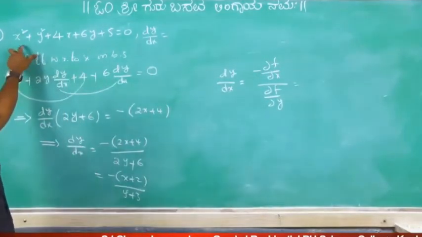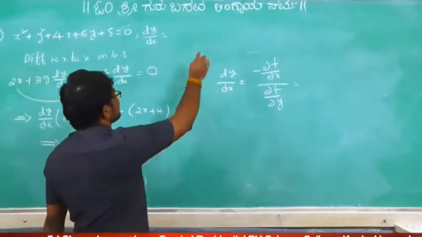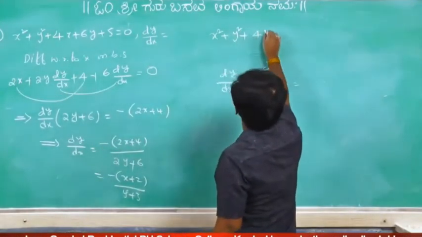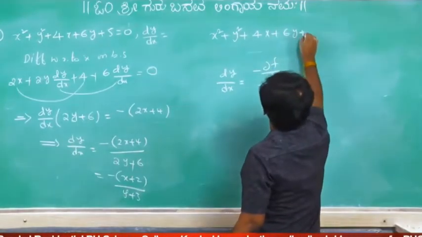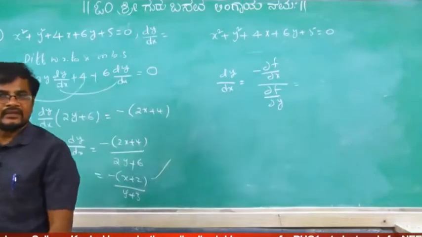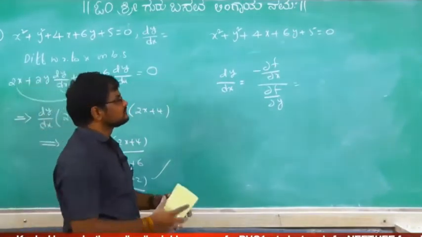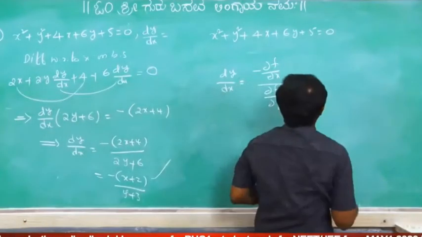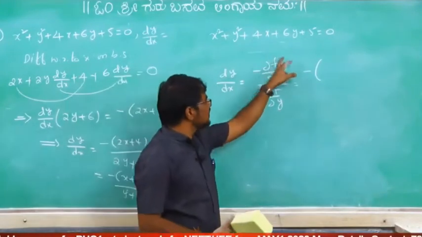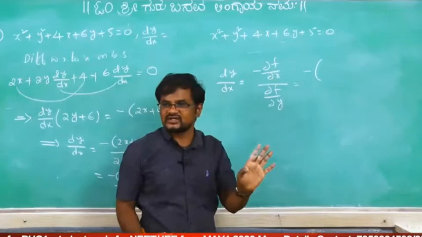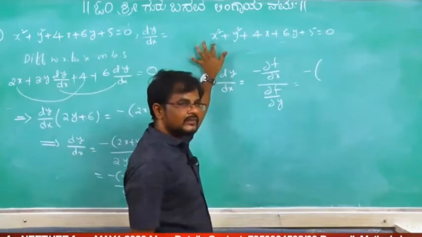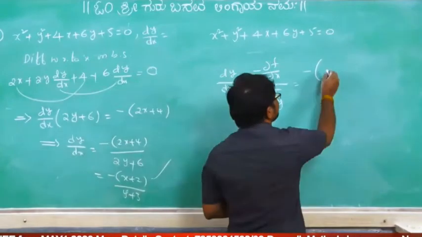What is our function? Once again I will write here, x square plus y square plus 4x plus 6y plus 5 equal to 0. You should get this one. So by the partial differentiation, minus of dou f by dou x, differentiation with respect to x, treat y as constant. Differentiation of x square is 2x.